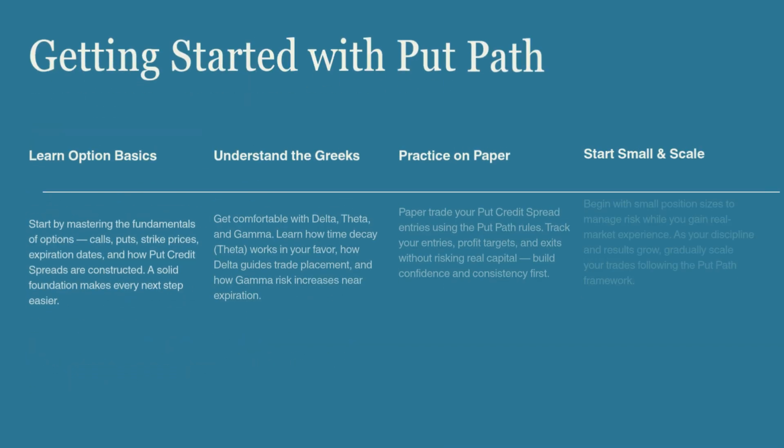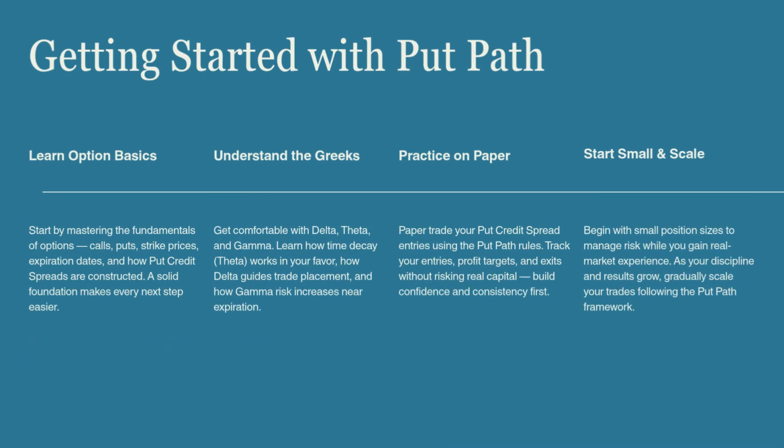How do you get started? Getting started really comes with confidence. It comes from a place of understanding what you're doing. So what we're walking through here is the basics. Obviously, you need to understand how puts set up, how credit spreads set up.